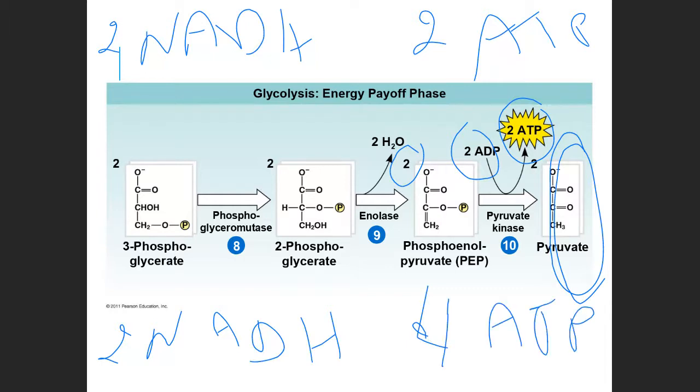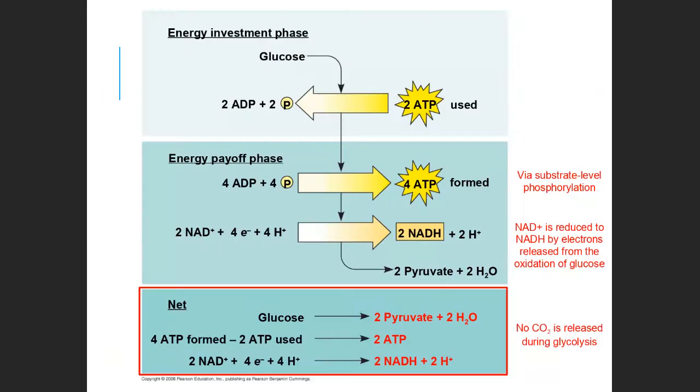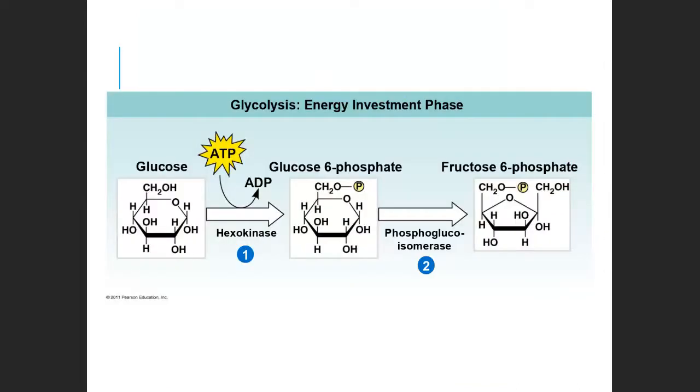4 ATP. Remember, this is what I have so far, but I did use 2 ATPs from the beginning. Remember, I used 2 ATPs. I showed you even on the slide that it was 2 ATPs when I started phosphorylating my glucose and then transformed my glucose to fructose.